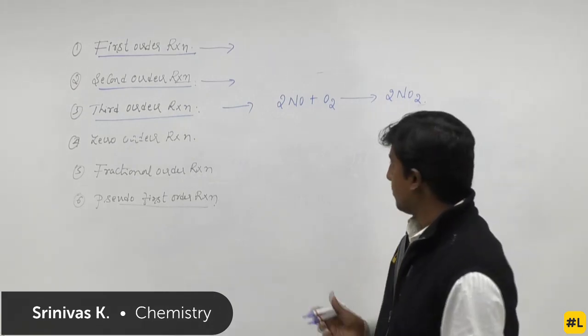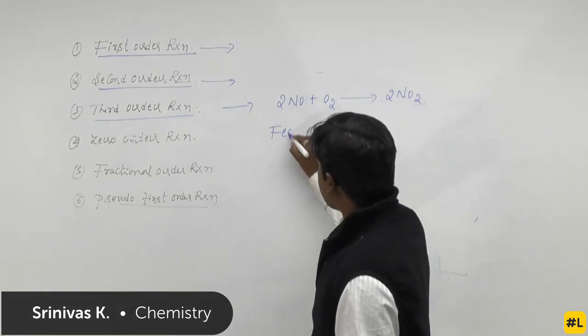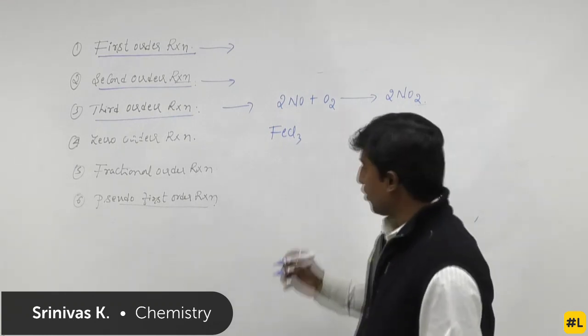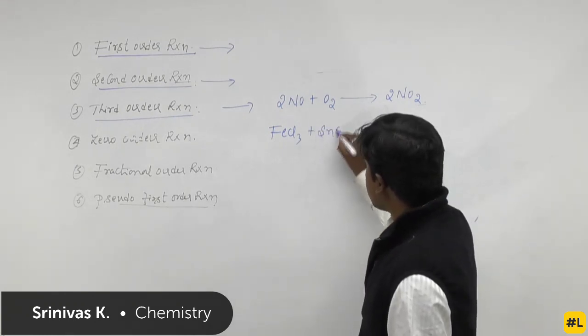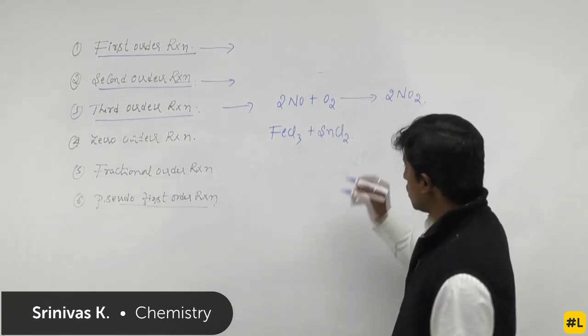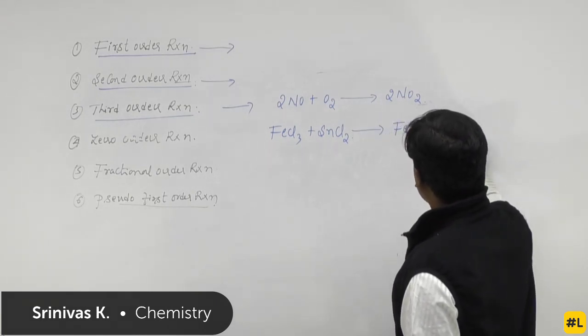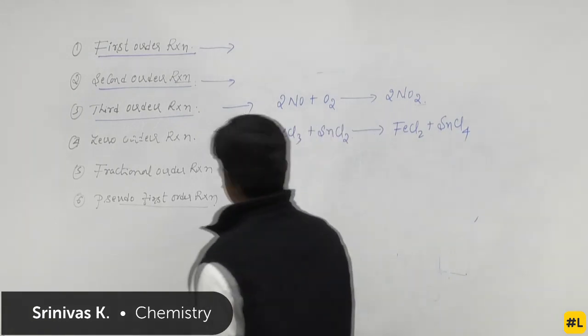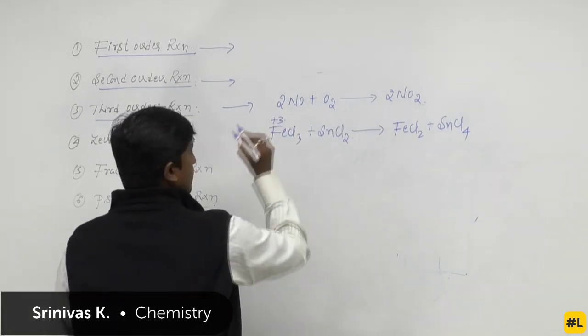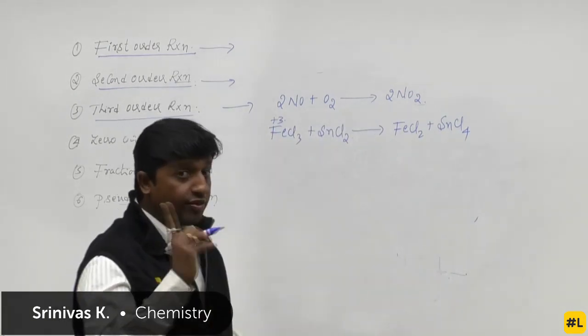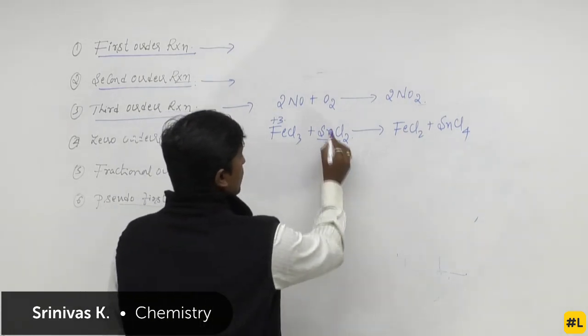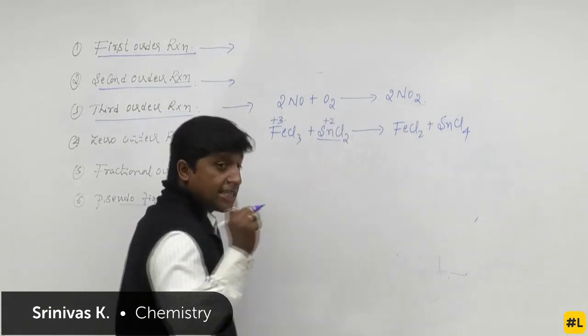I take one more example. Let us take ferric chloride. Ferric chloride reacts with stannous chloride to give ferrous chloride and stannic chloride. Here the oxidation state of iron is +3, hence it is called ferric. Here the oxidation state of tin is +2, it is called stannous.